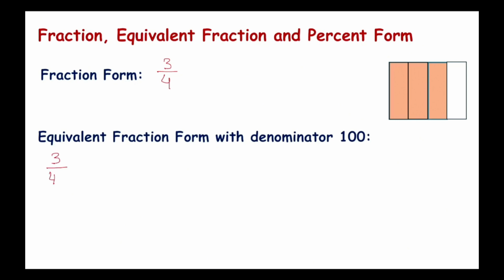This 4 is multiplied by 25, so we will multiply 25 in the numerator as well. So 75 over 100. Now we have got our special fraction with denominator 100. How can we write the percentage of it? 75%.